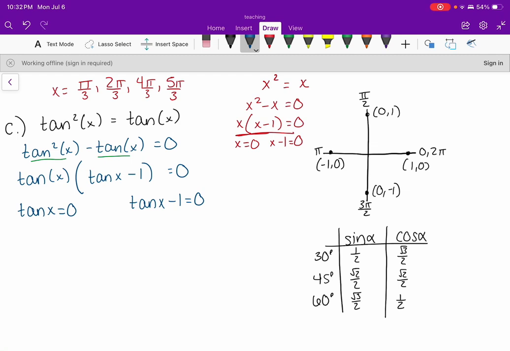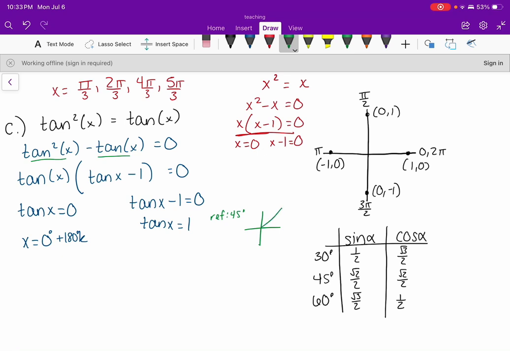Now I'll go ahead and get my angles. Tangent x equals 0, x would equal 0 plus pi k, or 180k. Here, I'll do 180 for this one. Tangent x equals 1. Be careful, my reference here is 45 degrees.